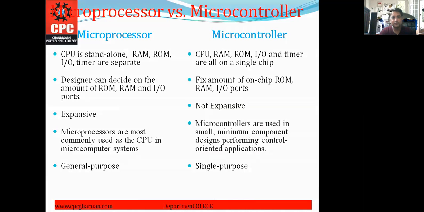Here are some more points that compare the microprocessor with the microcontroller. CPU in microprocessor is standalone. RAM, ROM, input output ports, timer are separately attached to it. But on the other hand, in microcontroller, CPU, RAM, ROM, input output, timers, all are on a single chip. In microprocessor, the designer can decide the amount of RAM and ROM.